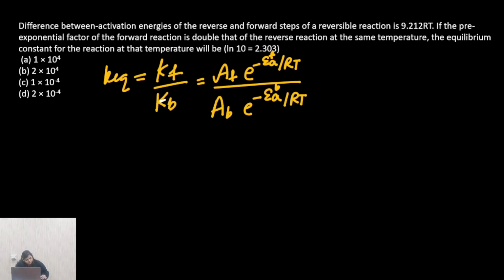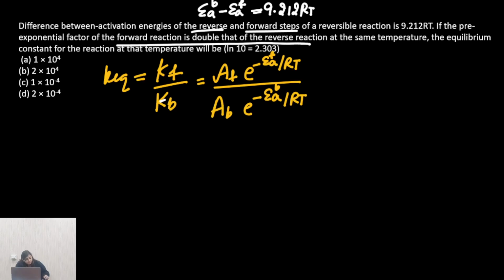Now the given condition is that the difference between the activation energies of the reverse and the forward steps, which means activation energy of the backward minus the activation energy of the forward, is 9.212 RT, and the other condition given is that the pre-exponential factor of the forward is double that of the reverse. The pre-exponential of the forward is twice the pre-exponential of the backward direction.